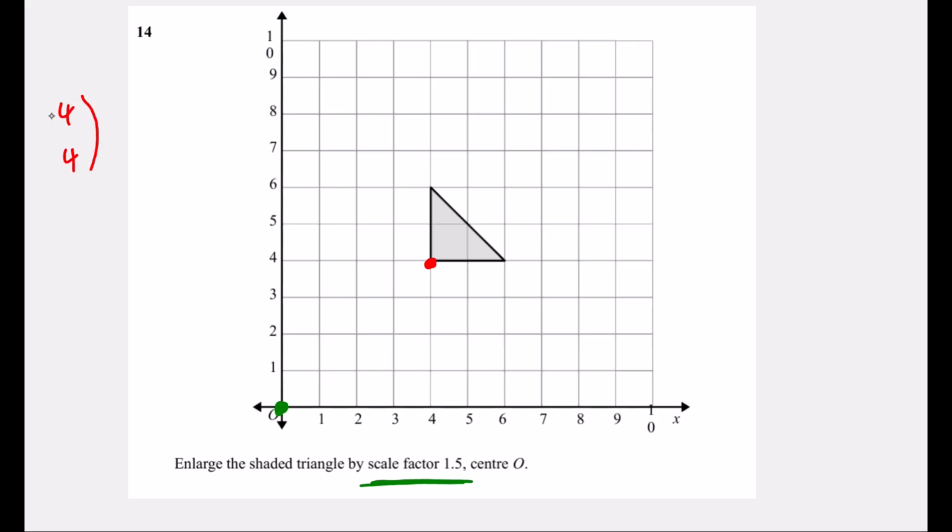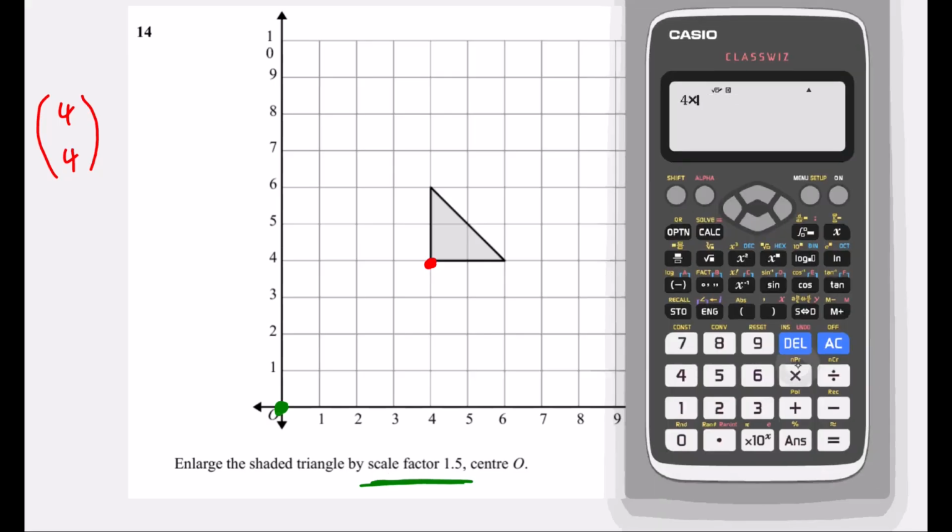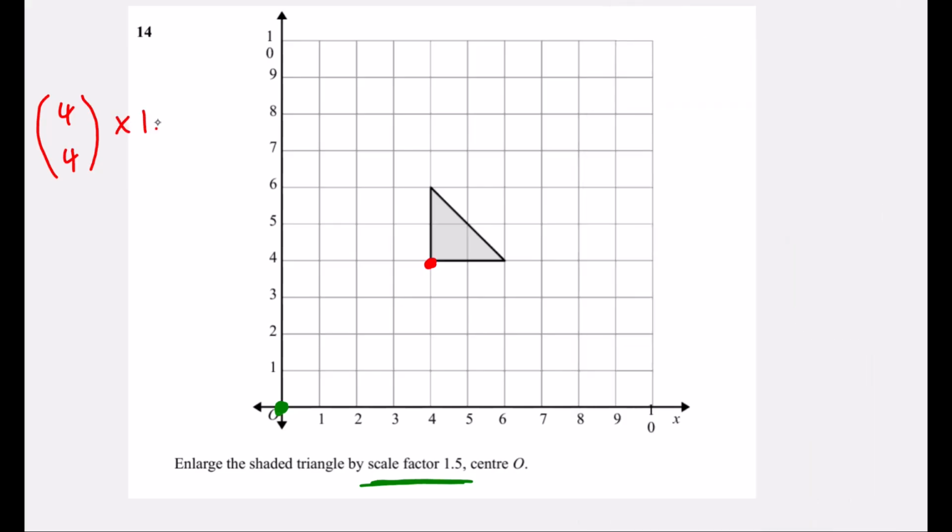I'm going to write that as a vector. 4 right, 4 up. If I times that by 1.5, 4 times 1.5 is 6. So it's going to be 6, 6. So to be 1.5 times as far away, it's going to have to be 6 right, 6 up.